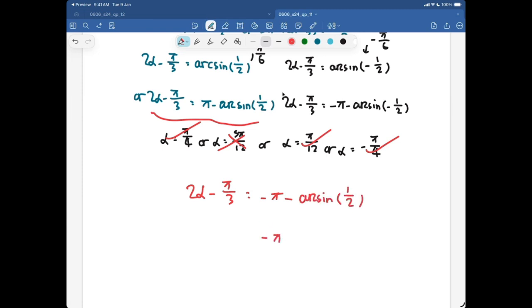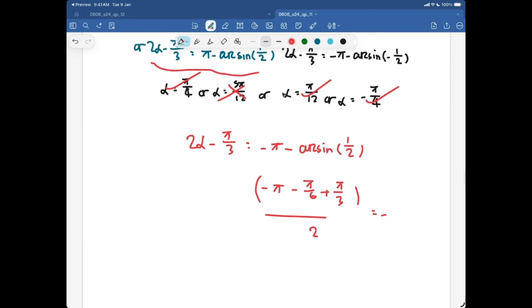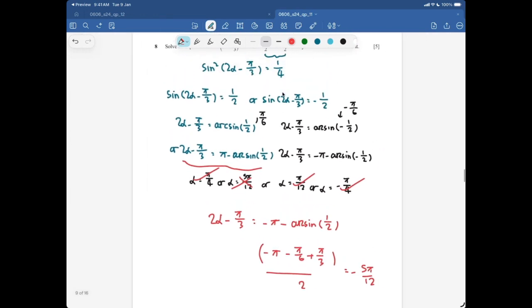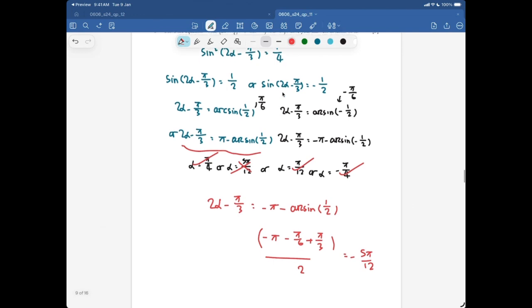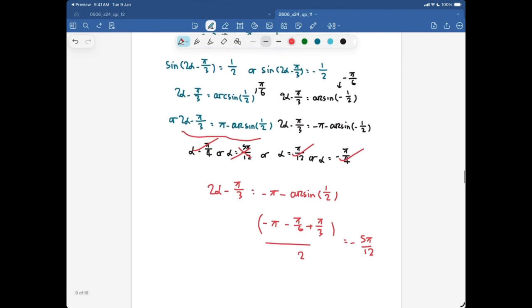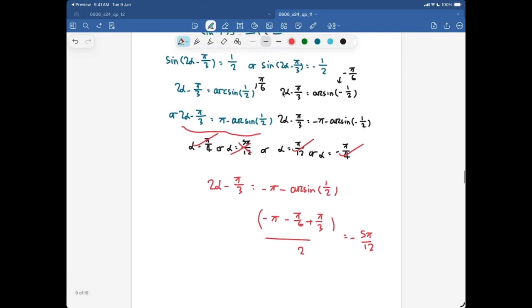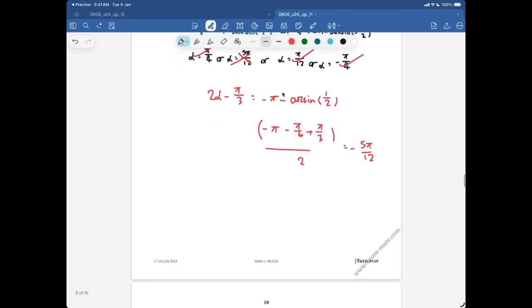So negative pi minus pi over 6 plus pi over 3 all divided by 2 will give you, yeah, negative 5 pi over 12. Well, some careless mistakes over here, so I got 3 marks over here, a method mark and 2 answer marks, so that's gonna be -1.